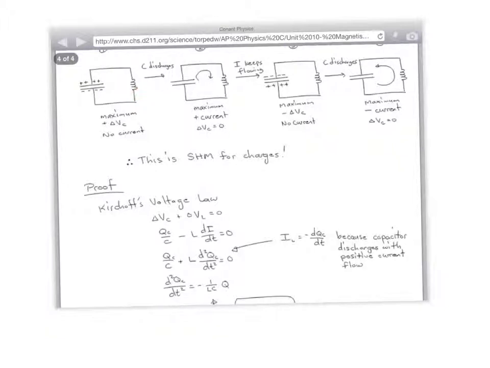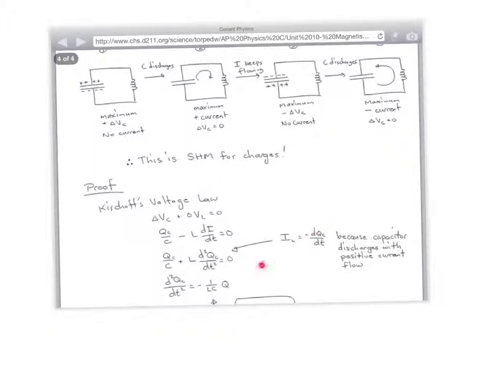But here's the trick, the negative sign. It turns out that positive current flow would cause this capacitor to discharge. So therefore, I through the inductor equals negative dq over dt.